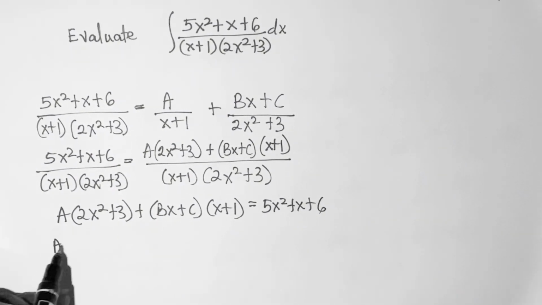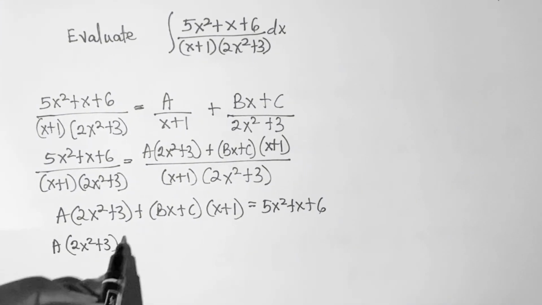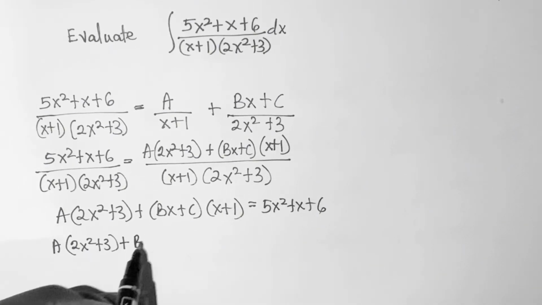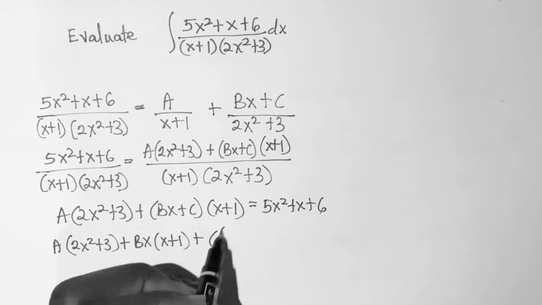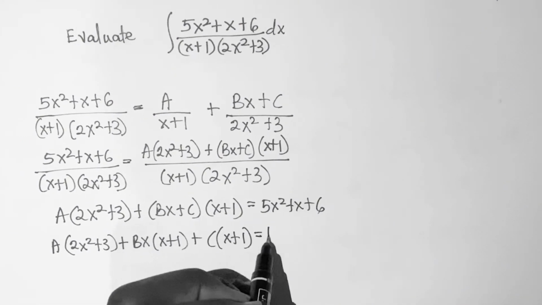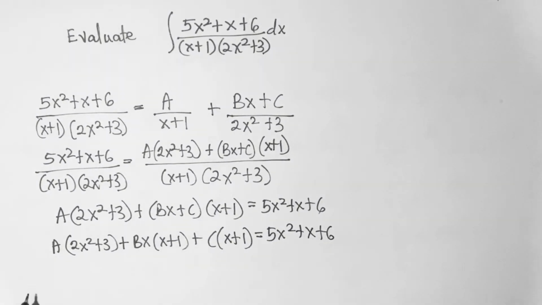So we have a in one bracket, then 2x squared plus 3, and then plus bx times (x plus 1), then plus c times (x plus 1). This is equal to 5x squared plus x plus 6.